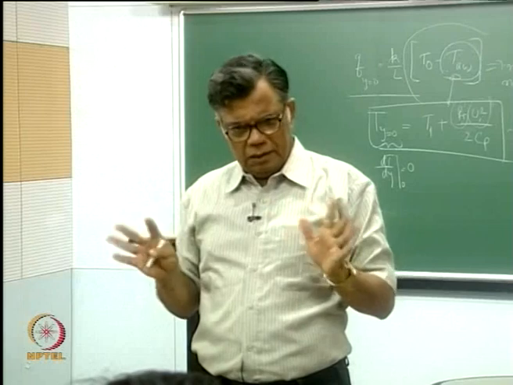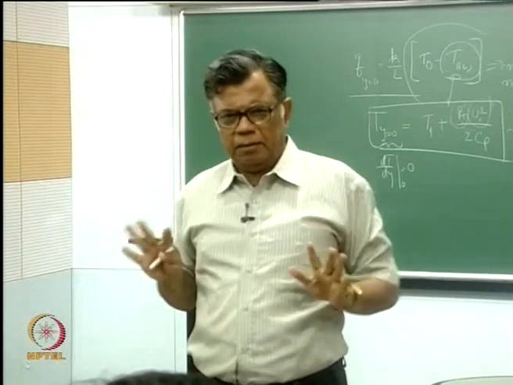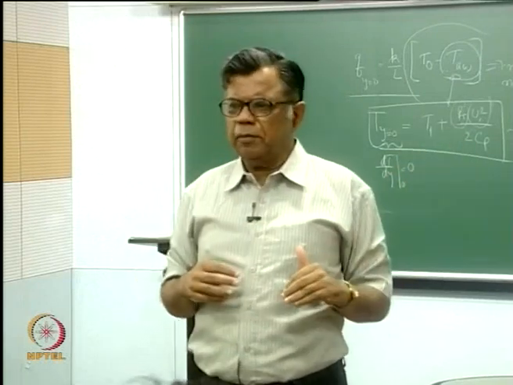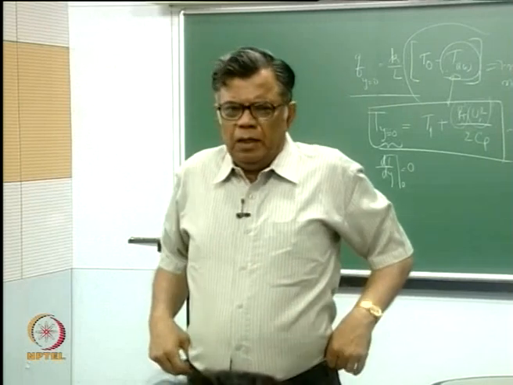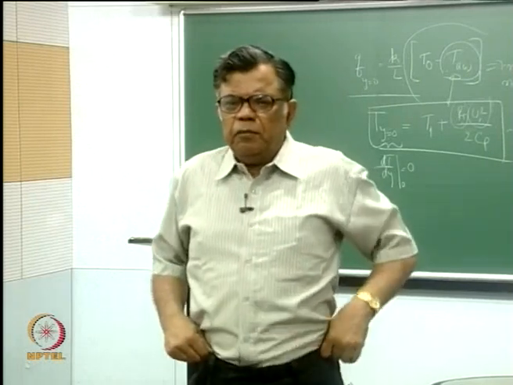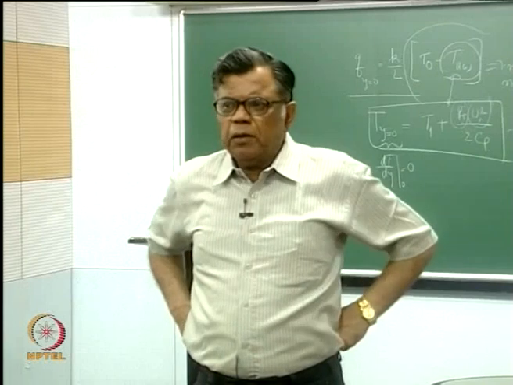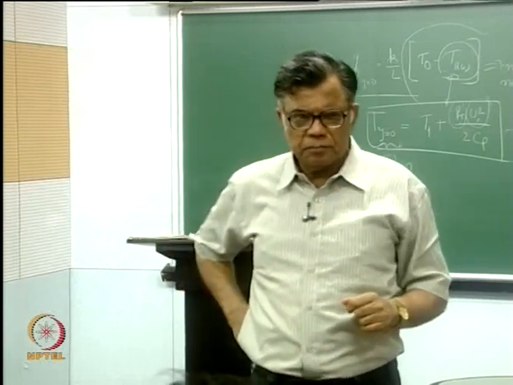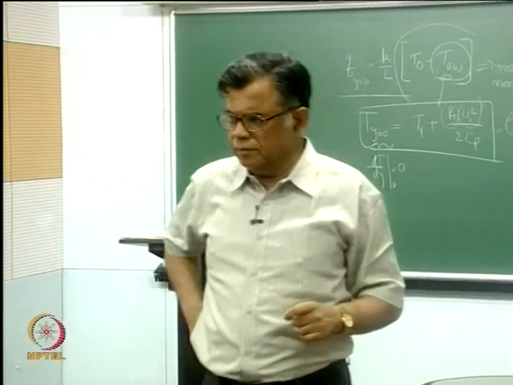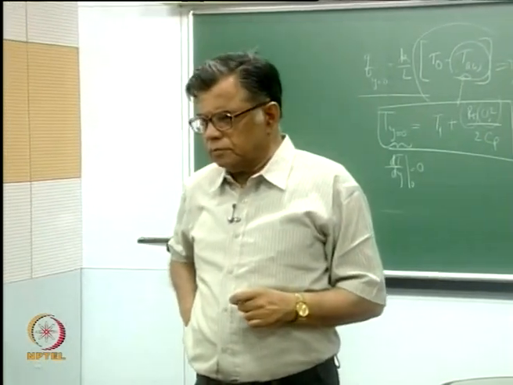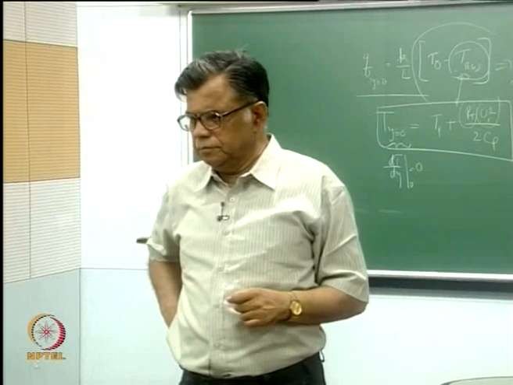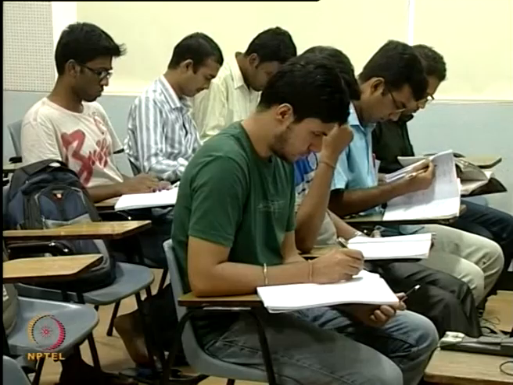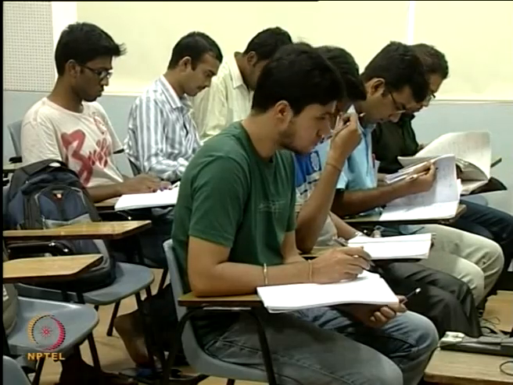The way of looking at it is right, but what you get on the right hand side will be different. But what is this term called? T_AW minus T infinity divided by U infinity squared by 2Cp. Please find out: U infinity squared by 2Cp is a temperature term, therefore it is non-dimensional. You want me to give you a hint beyond that?